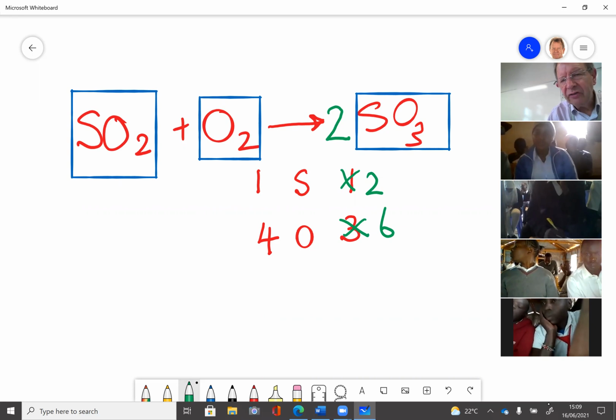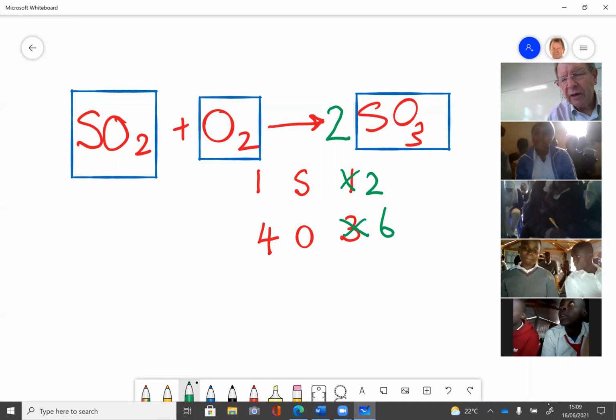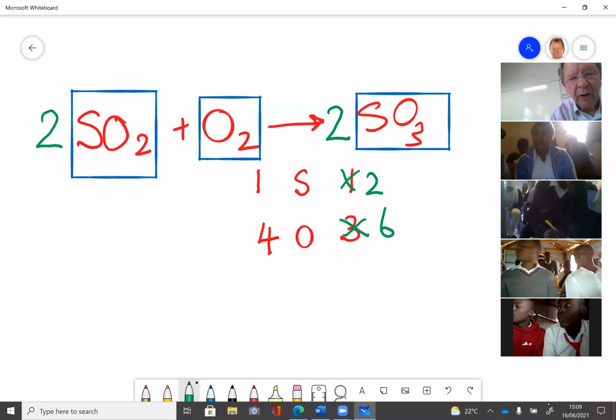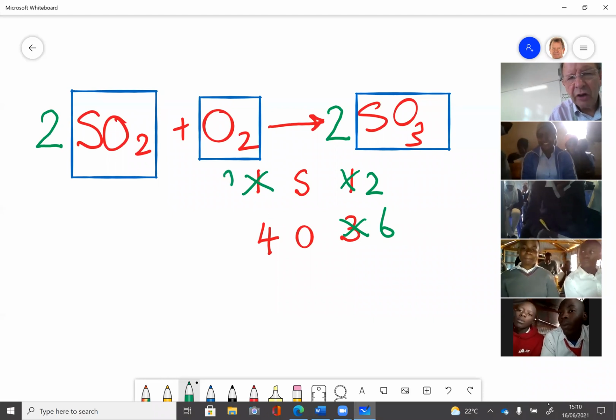So now I am going to come back over here. I'm going to take this 2 here. I'm going to look at the sulfurs here. So I'm going to have 2 here. So I need 2 over here. The sulfur is in this box. So I will have 2 boxes of this sulfur. That will make the sulfurs okay. Now my oxygens, I have 2 in this box. And, oh, I have 4.